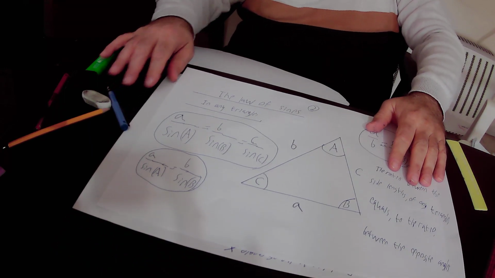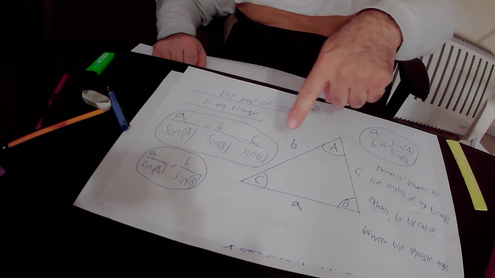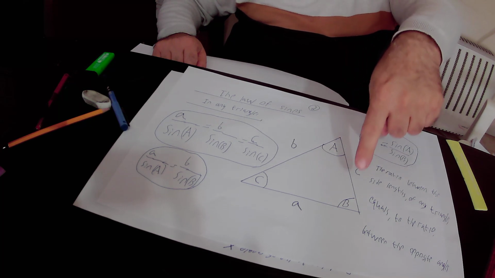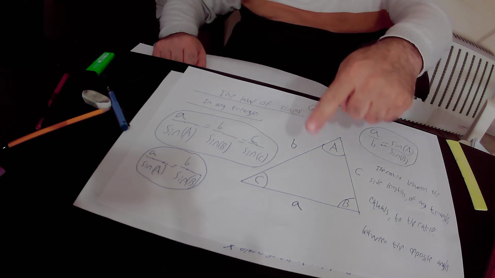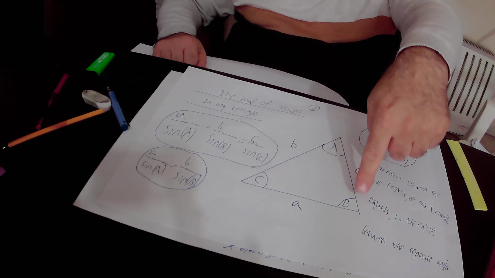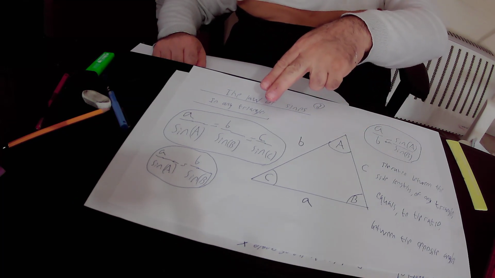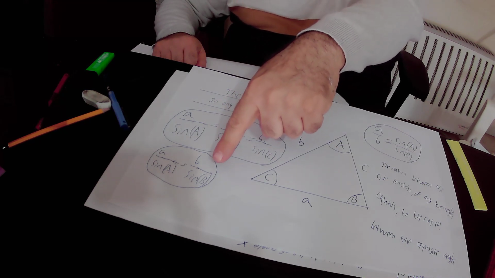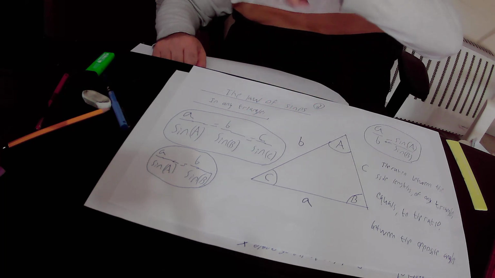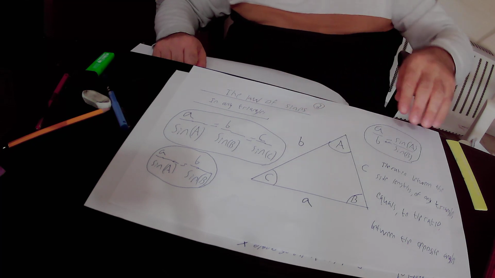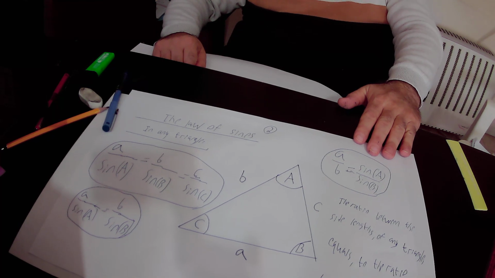In any triangle, if the length of this side is a, the length of this side is c, and the length of this side is b, and this angle is A, this angle is B, and this angle is C, then according to the law of sines, a over sine A equals b over sine B equals c over sine C. From this formula we conclude that a over sine A equals b over sine B. We multiplied this equation by sine A, and then divided it by b, and we got that a over b equals sine A over sine B.